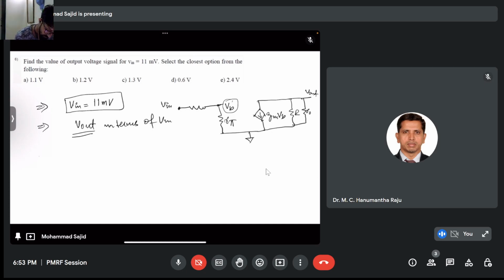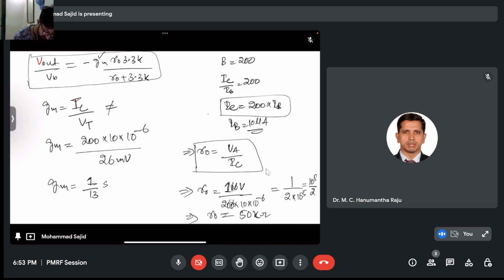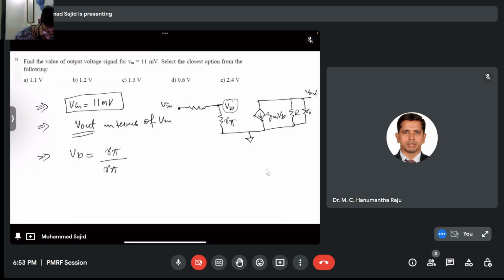Okay, so VB, can we write VB as simply R pi divided by, okay, what is the value of this resistor? 2.6K into Vn. Vn is given to us. Now we only need to find R pi.